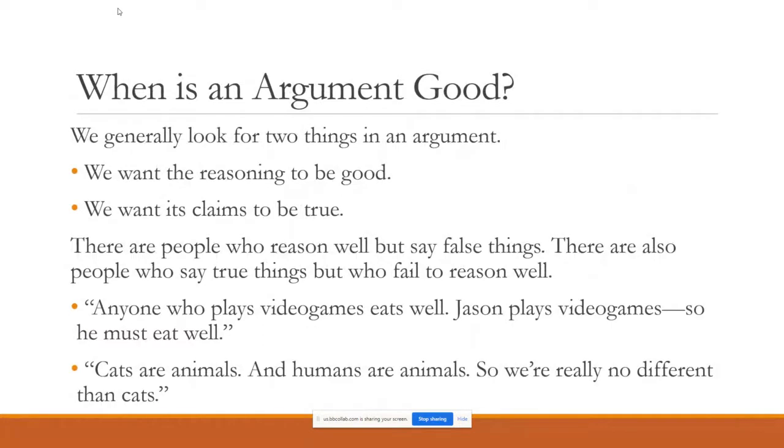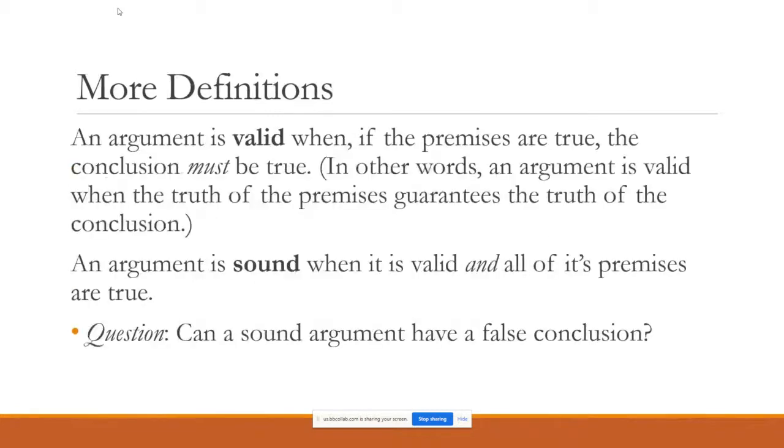Okay, so we talked about two ways of evaluating an argument: whether its reasoning is good and whether it makes true claims in its premises. So let's look, no good PowerPoint presentation is complete without introducing some jargon. Let's introduce some words to talk about these two things. When we're talking about the reasoning being good, we're going to talk about validity.